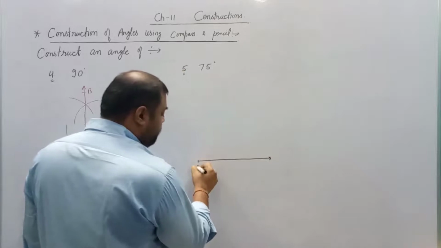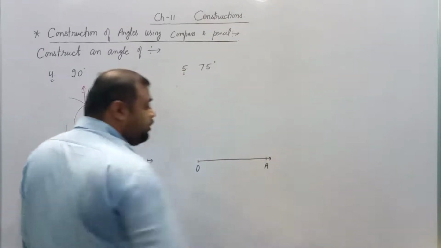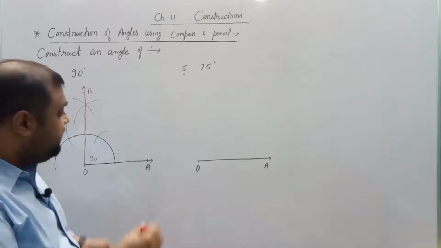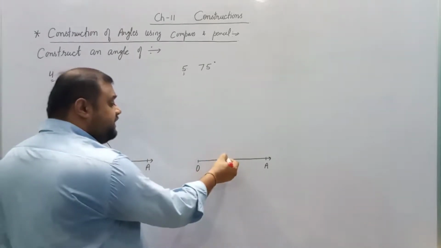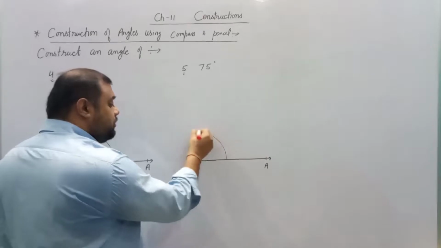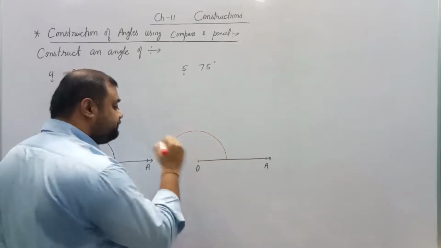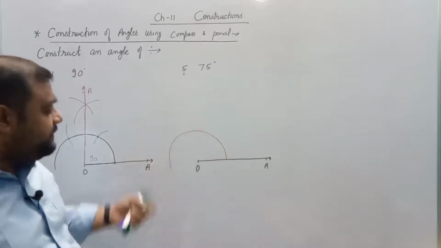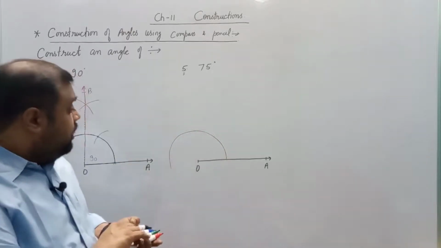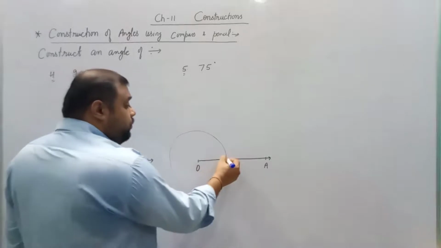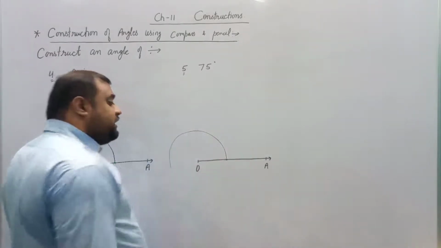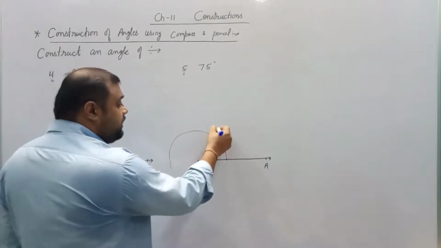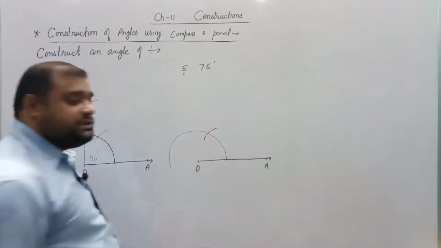Draw a ray OA of any length, taking O as center and with any radius, draw a semicircle. Now from this point, taking this point as center and with the same radius, construct an angle of 60 degrees.